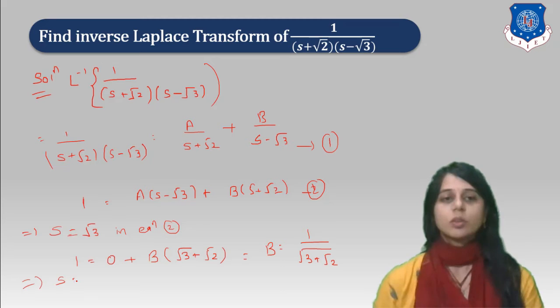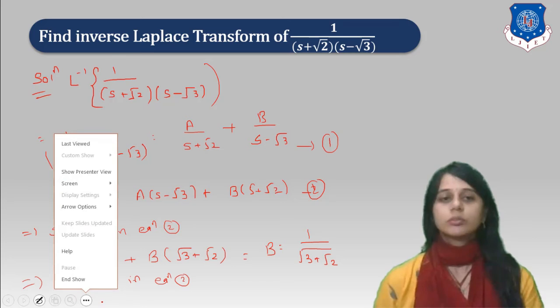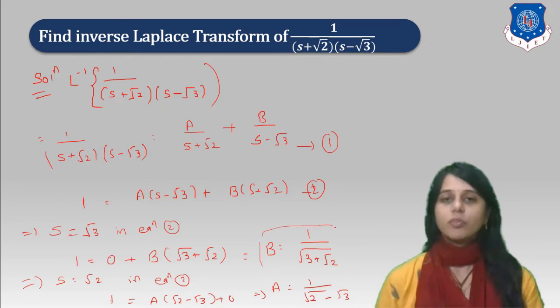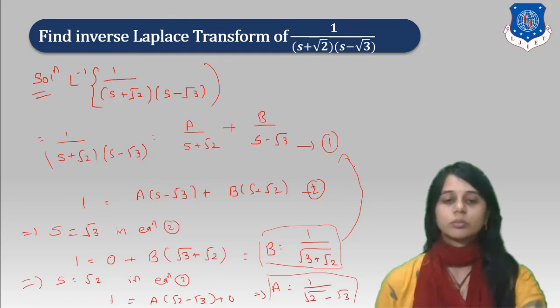Similarly, s equal to root 2 in equation 2: 1 equals A(root 2 minus root 3) plus 0. So A equals 1 upon (root 2 minus root 3). We are getting the values of A and B. Put these values in equation 1.